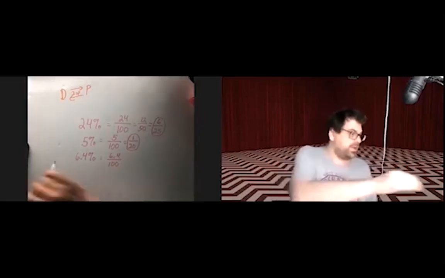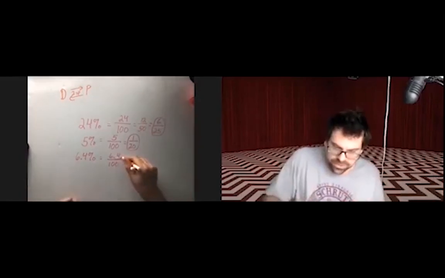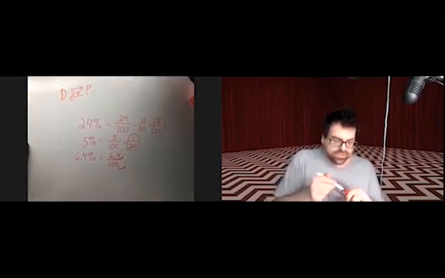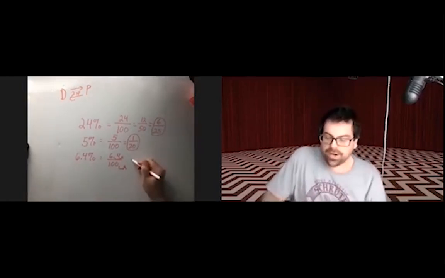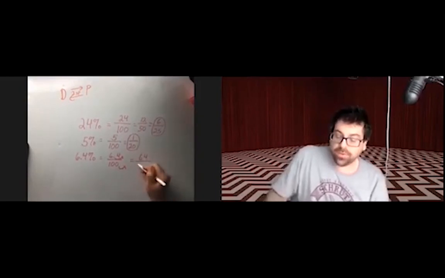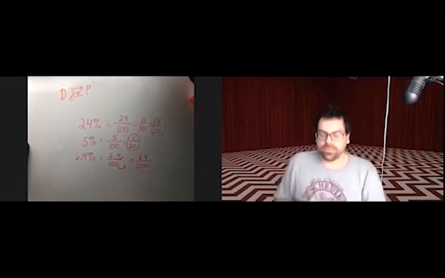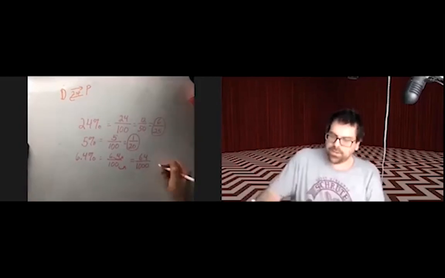But moving it 1 to the right on top means we also need to move it 1 to the right on the bottom. That changes this to 64 over 1,000. And then we reduce from there. They're both even.